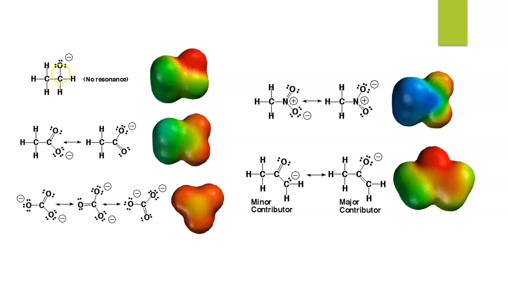However, if we look at the structure where we change this to a C double bond O minus, the negative ion of our carboxyl, we'll see that the electronegativity is evenly distributed across these two, which indicates that the hybrid is actually what's happening. We don't have one part of this group being more negative than the other.